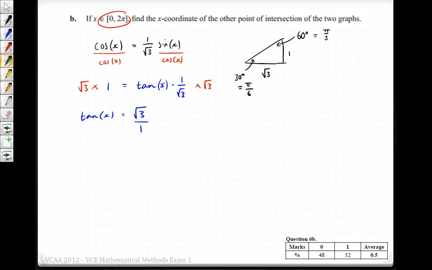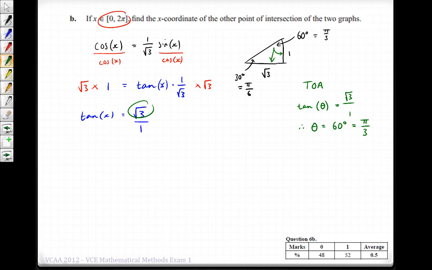And we're looking for tan, which is opposite on adjacent, so tan of our angle equals our opposite here, root 3, on our adjacent, which is 1. So therefore theta is the 60 degrees or pi on 3 angle.